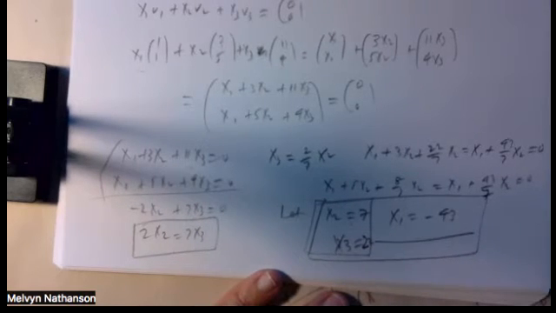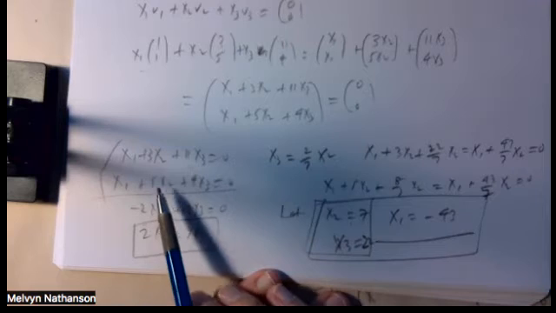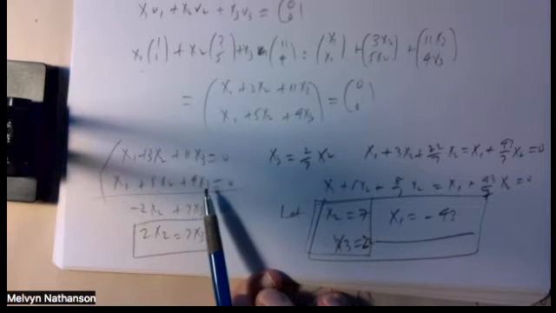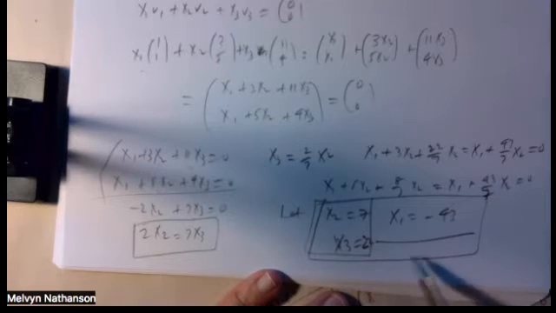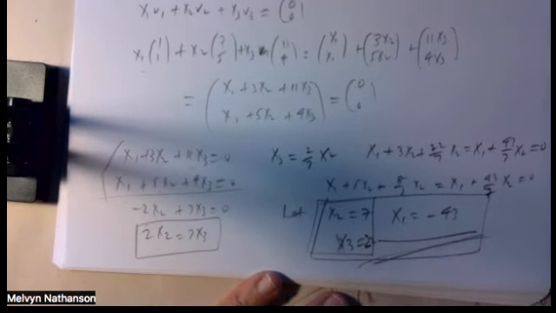So x1 should be minus 43. 5x2 is 35 plus 8 is 43. x1 equals minus 43. Yeah, so this is completely correct. And I solved the problem. I found numbers x1, x2, and x3 that satisfied this equation.